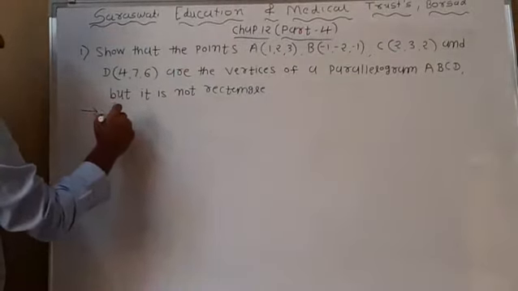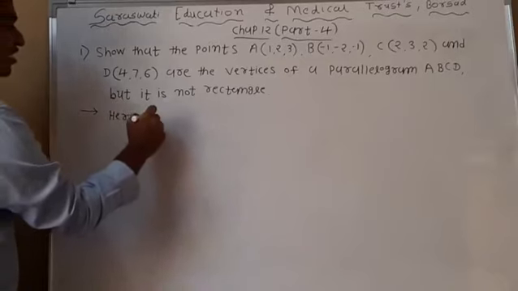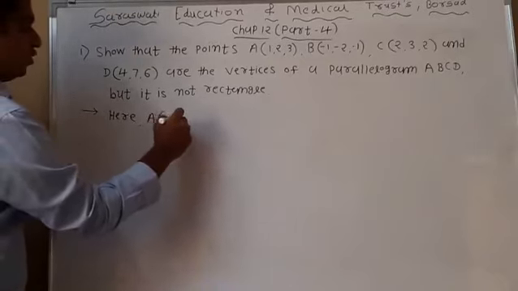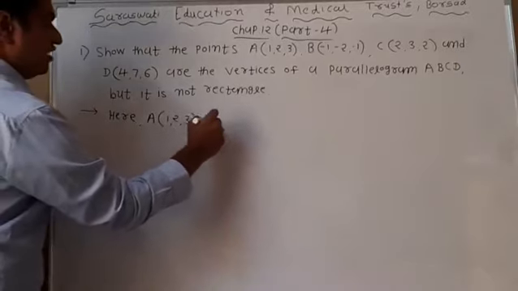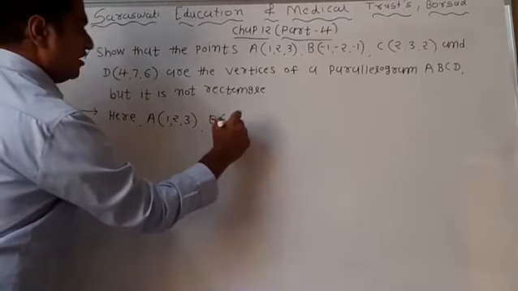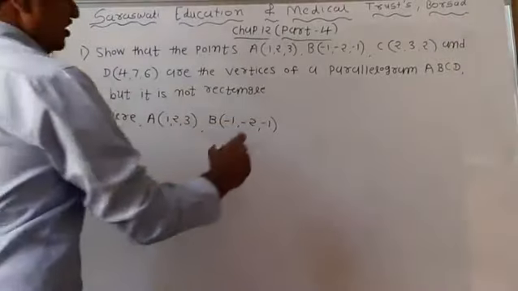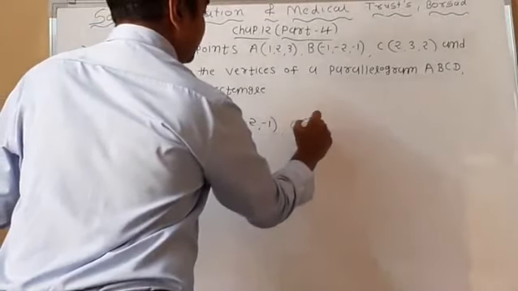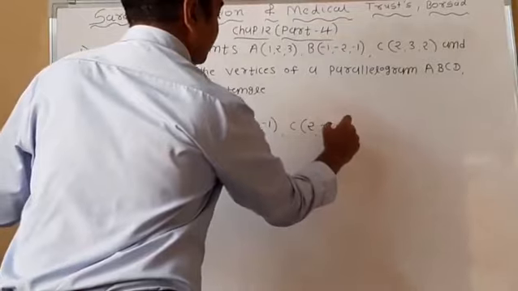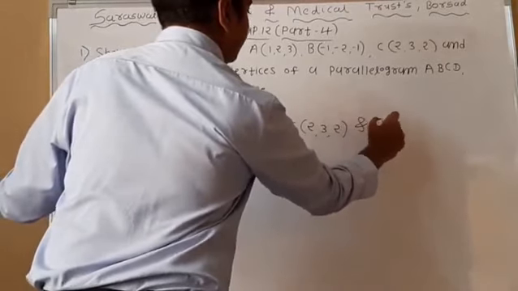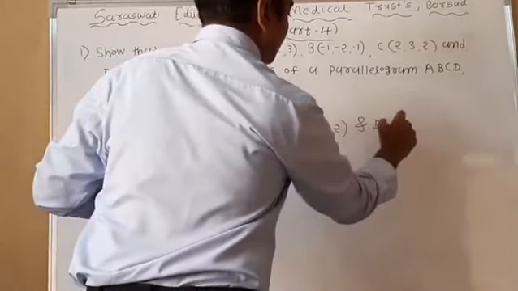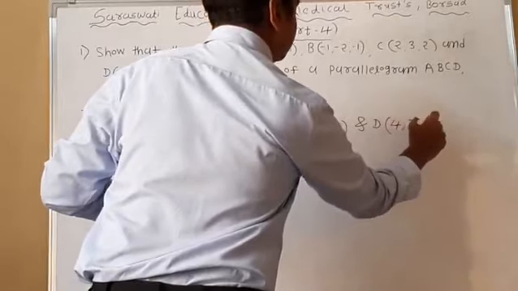First, written here: A coordinate (1, 2, 3), B coordinate (-1, -2, -1), C coordinate (2, 3, 2) and D coordinate (4, 7, 6).